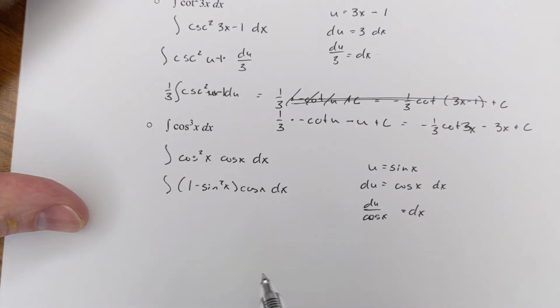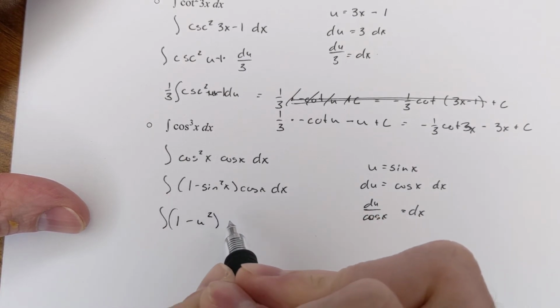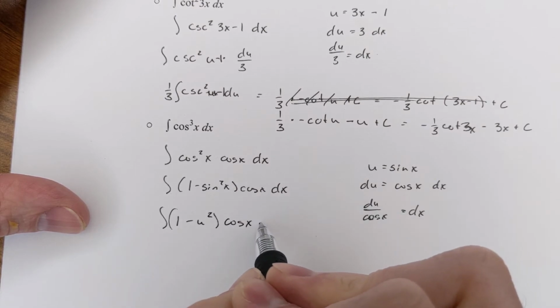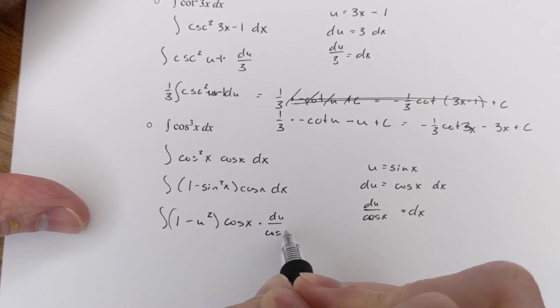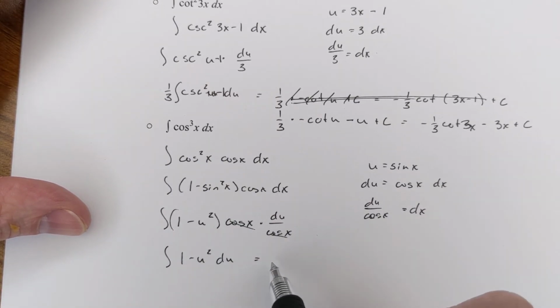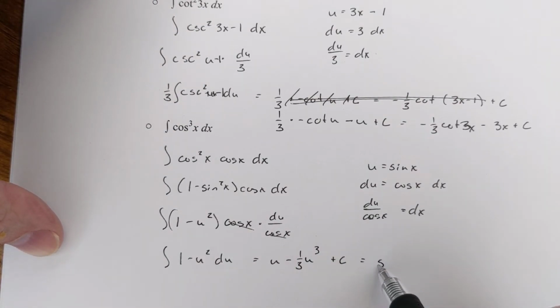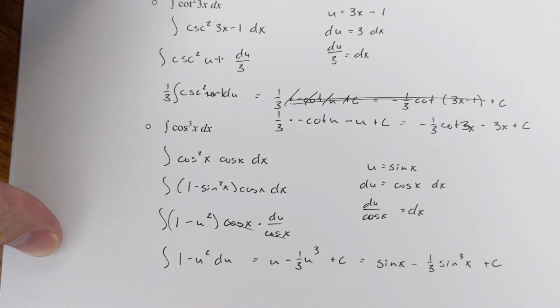So do your substitution. So this becomes 1 minus u squared cosine x times du over cosine x. So those cancel. So I have 1 minus u squared du. So this would be u minus 1/3 u cubed plus c. And then undo your substitution. The sine of x minus 1/3 the sine cubed of x plus c.